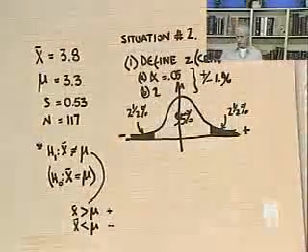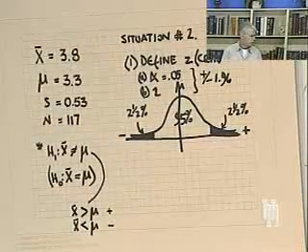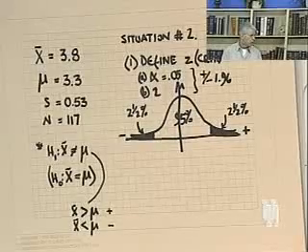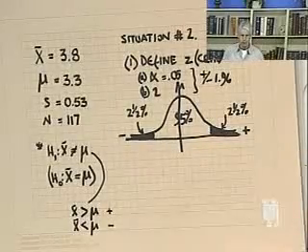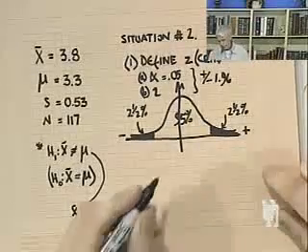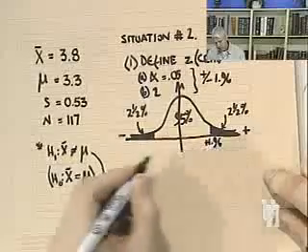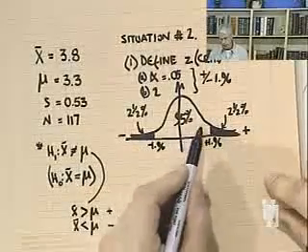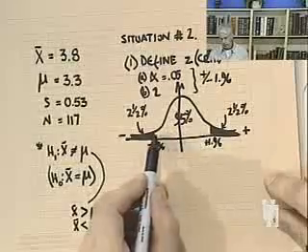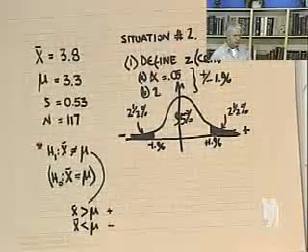What we discovered when we were doing interval estimation was that when the confidence level was 95%, that is when alpha was 0.05, you needed to go 1.96 standard deviations above and below the mean to isolate 95% of all of the scores in the distribution.